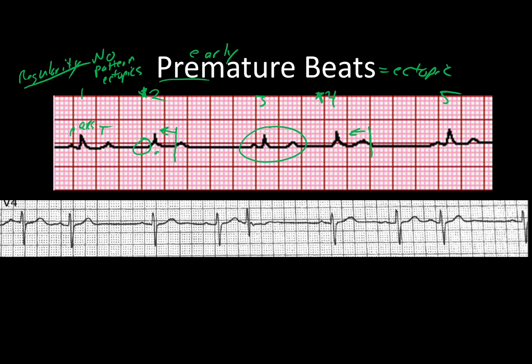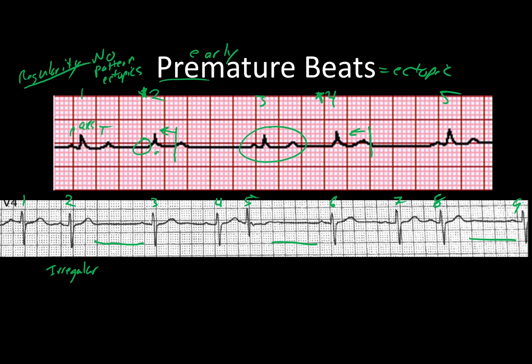Another example down below here, and we'll number these again. Looking through this strip, you can tell that it is irregular. What you really notice first are these gaps that are occurring right through here, here, and here.